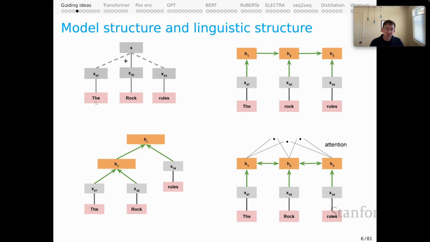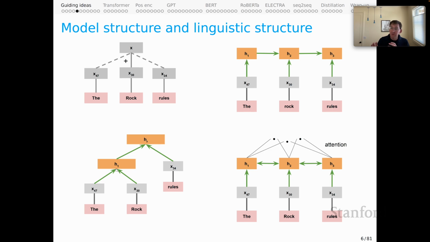There's another dimension to this. If you go down on the left here, this is a tree-structured neural network. In this case, we decide ahead of time that we know the constituent structure. And then we might have a bunch of neural network parameters that combine the child nodes to create representations for the parents in a recursive fashion as we move up the tree.